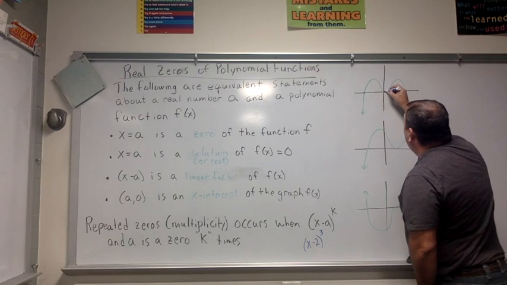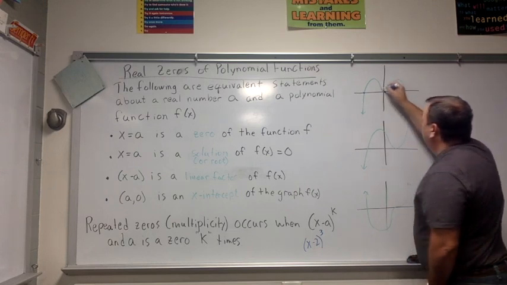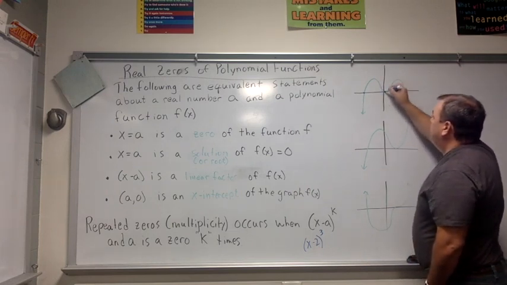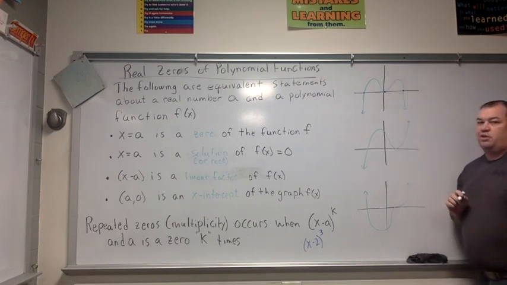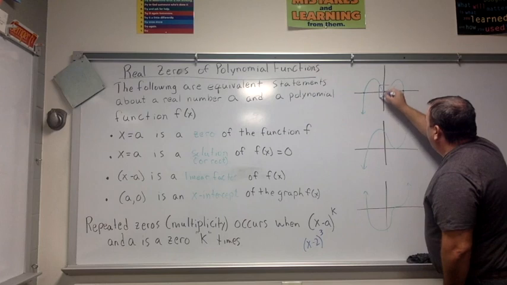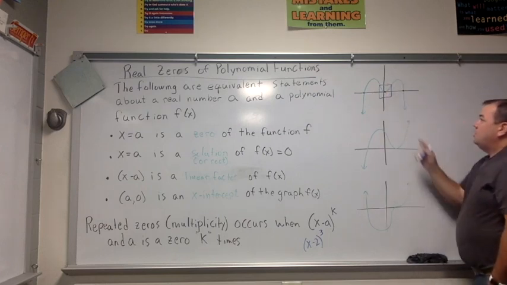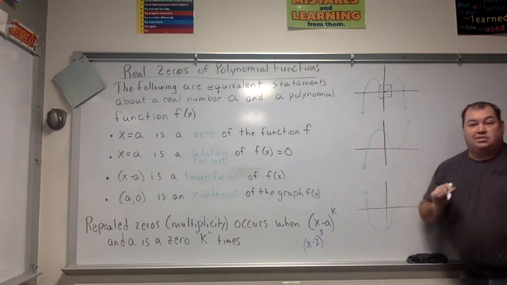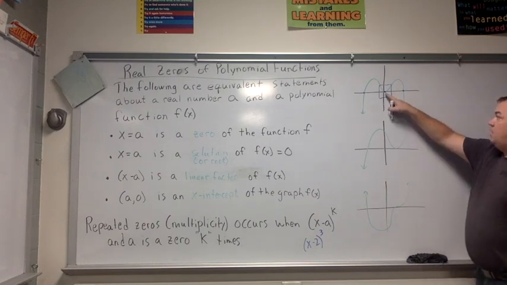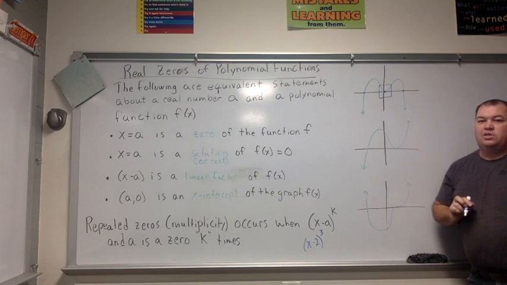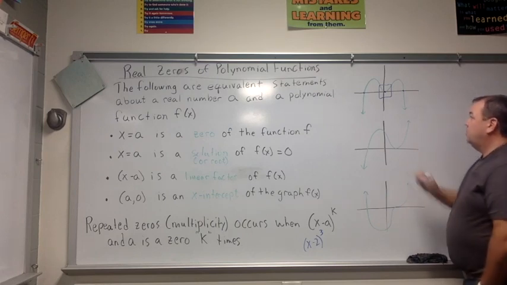But if you look right in here, it kind of looks like a quadratic sitting in there. It touches the line and then goes again. It doesn't actually cross. Because this area looks like a quadratic, that point, that zero, that solution, is repeated, and a quadratic has a power of 2, so it has a multiplicity of 2.